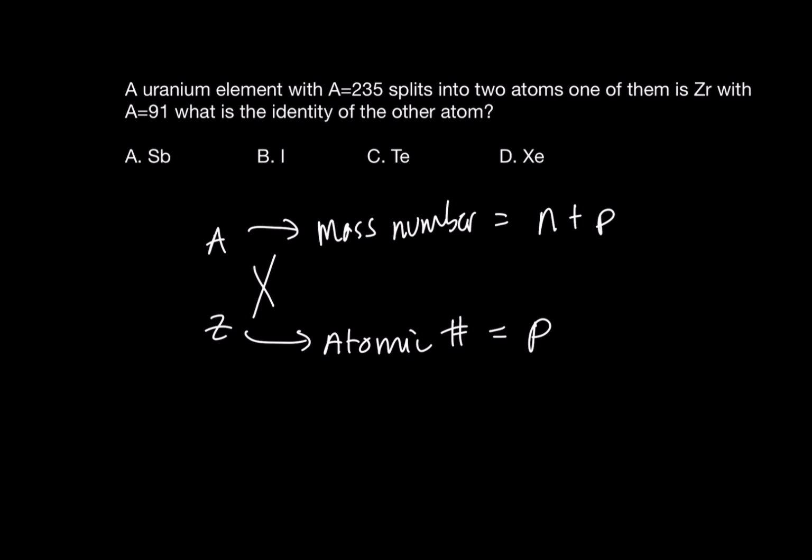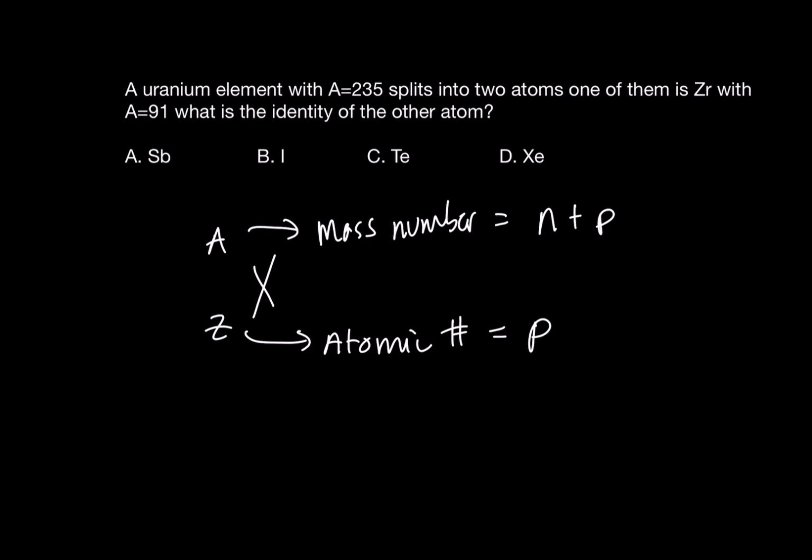This whole thing is called isotope format. Isotopes just mean the same element, but with different numbers of neutrons. An example would be neon, which has isotopes neon 20, neon 21, neon 22. So the same element can have different numbers of neutrons, and this doesn't really tell us anything when we want to find out what the other atom is.